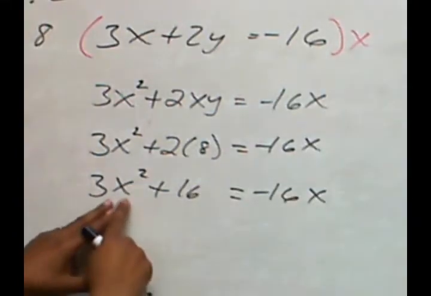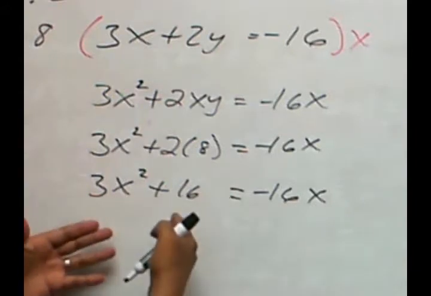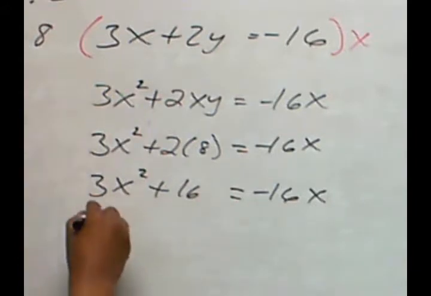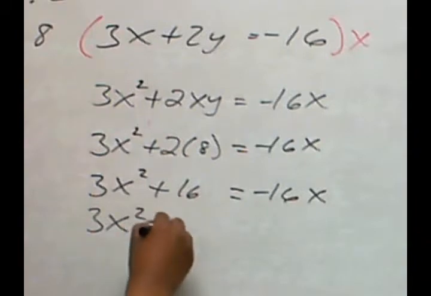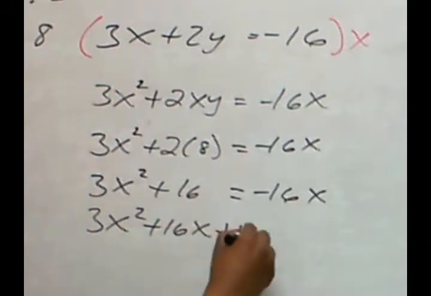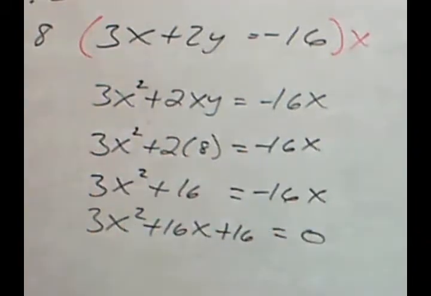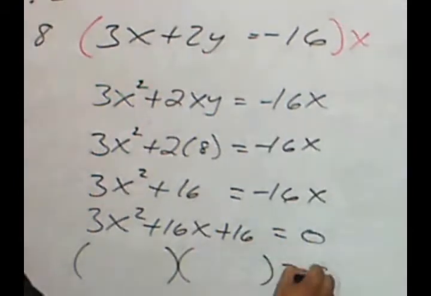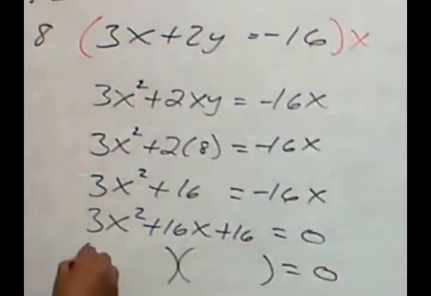Since this is a quadratic, I want to move everything to one side and set it equal to 0. So 3x squared plus 16x plus 16 equals 0. Okay, now I want to solve for x. I'm going to try factoring. This will be 3x times x. And for the 16, let's try 4 times 4.